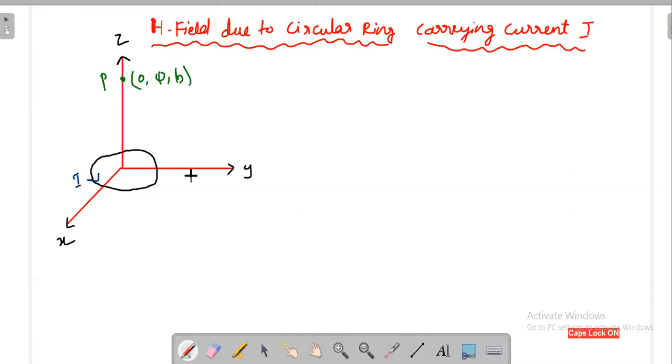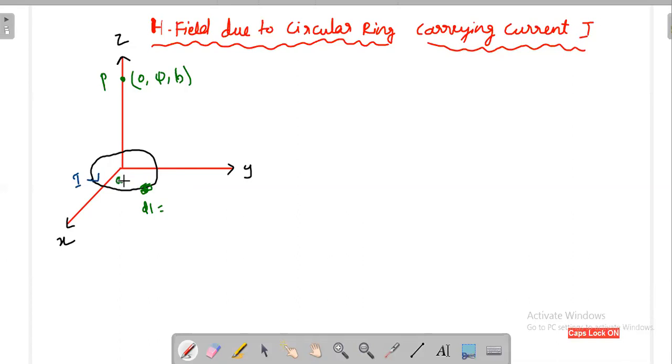Now I choose some small elemental length here. Once I choose it, I should know what my dl is, because you are on the circular line. Your dl is not a simple linear thing; it is going in a circular manner. So your dl depends on the radius of the circle. Say the radius of the circle is a.